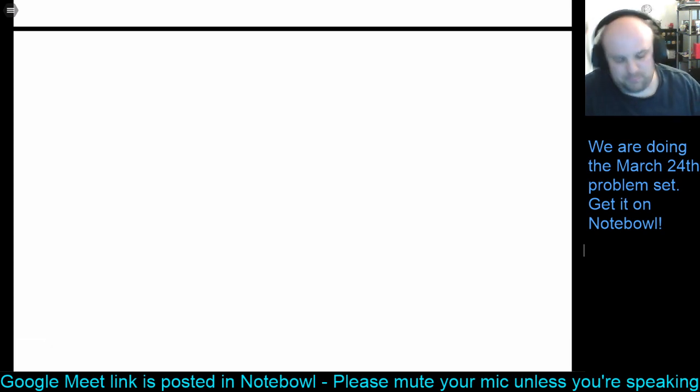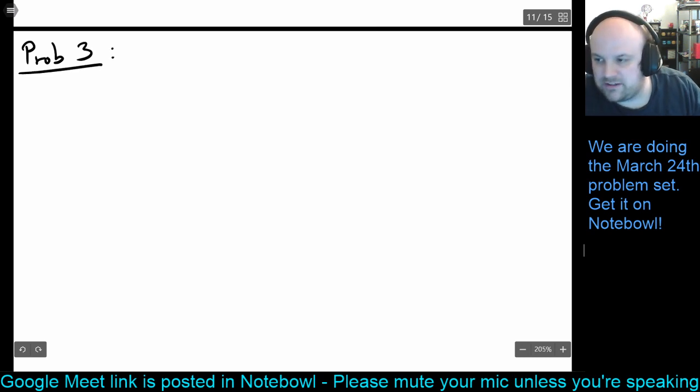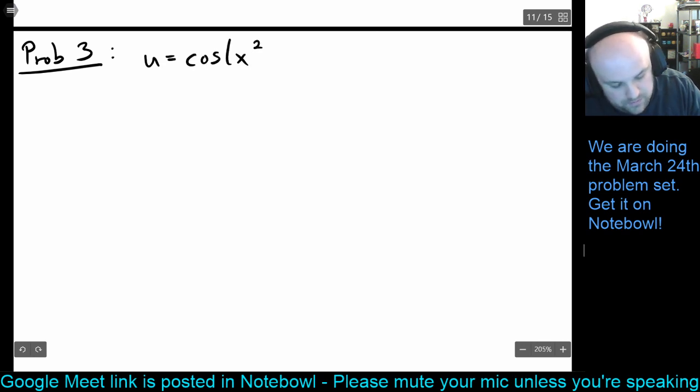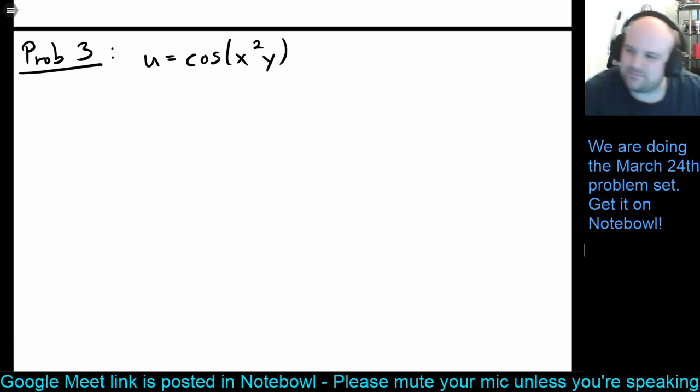So, problem 3 here. This is all about verifying Clairaut's theorem for this function. This is much less work than the last one.